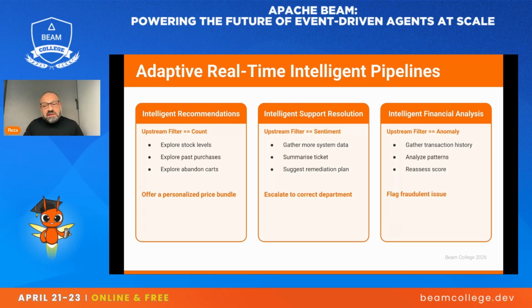Finally, there could be an agent that is in the financial space and you're looking for fraud. Now, the upstream filter here may be anomaly. Now, one of the interesting things about anomalies is quite often anomaly systems will find anomalies, but will sometimes have what are called false positives. In other words, the system may think it's an anomaly, but it's actually normal. Now, the thing about false positives is they are quite expensive.